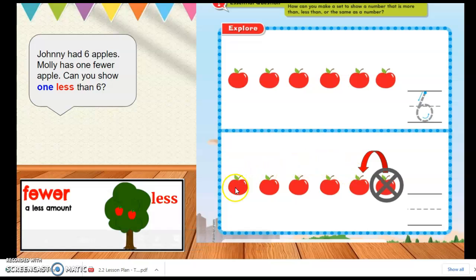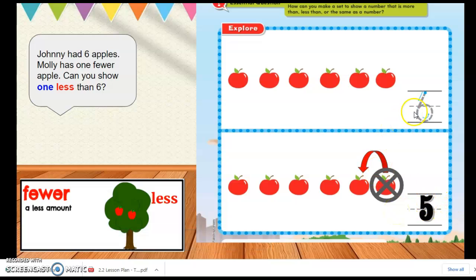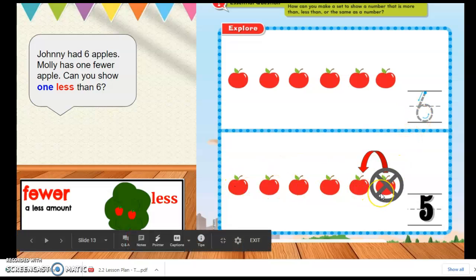And now let's see how many apples we have when we take away 1 less from 6. Ready? 1, 2, 3, 4, 5. So we have 5. Something that I notice is 5 is 1 less than 6, because first there were 6 apples and then it said Molly had 1 fewer.